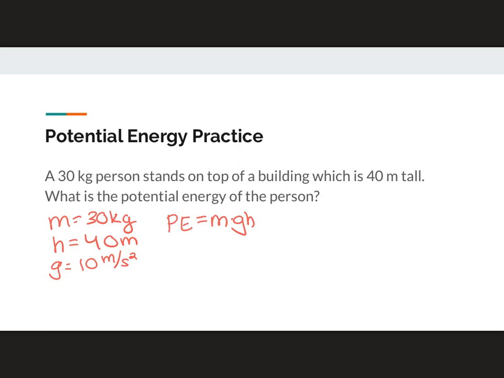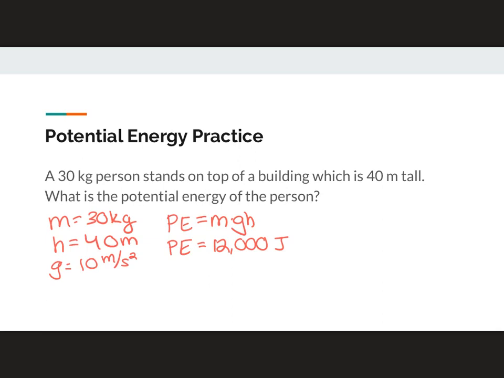We are going to just round it to 10. It makes life a lot easier. So if I plug this in for my answer, I'm going to get 12,000 joules. So make sure that you are actually doing all the math written out for this and multiplying it so that you can double check your own answers.